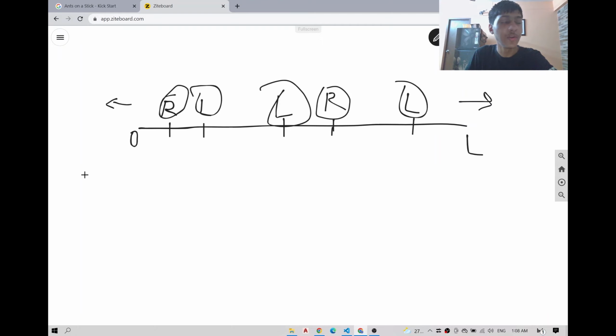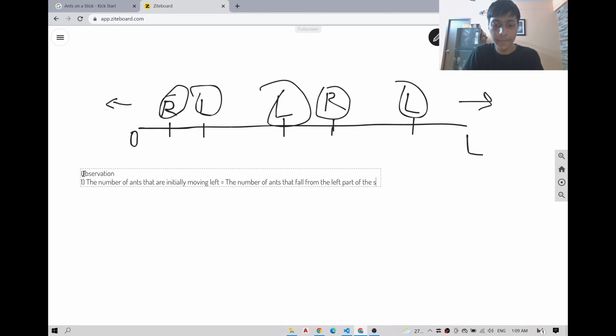So one observation we can make, in fact, in general, is that the number of ants that are initially moving left is equal to the number of ants that fall from the left part of the stick.